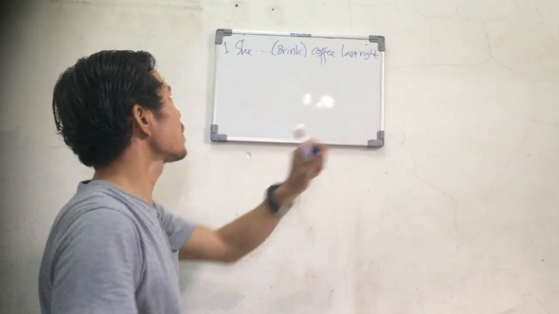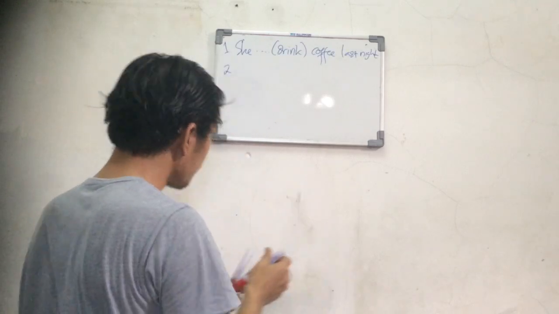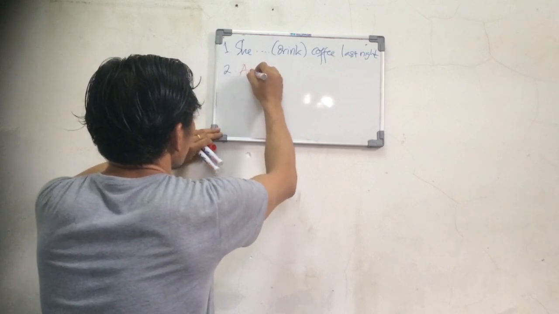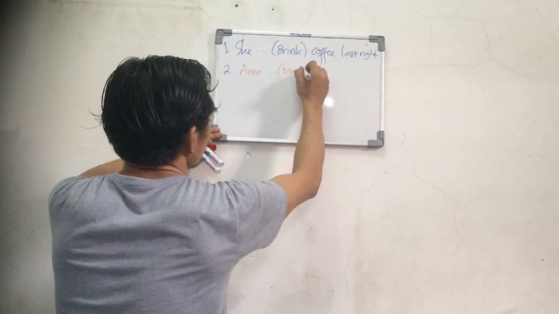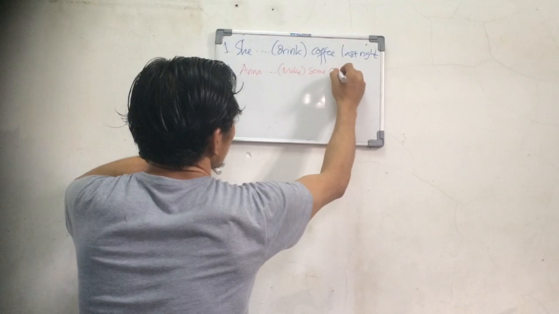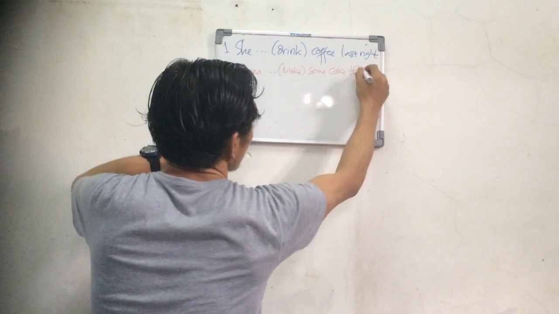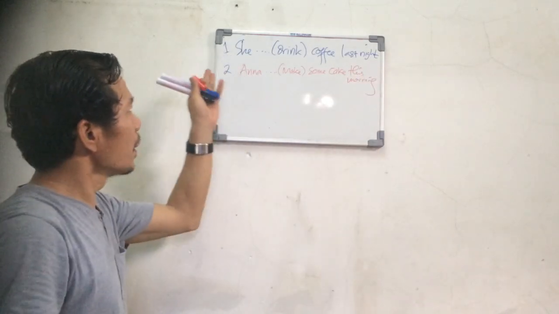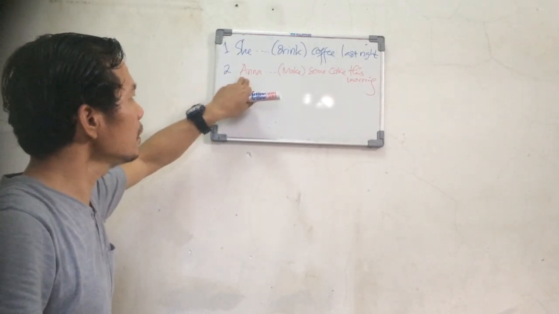Number 2: the second sentence, Anna blank some cake this morning.